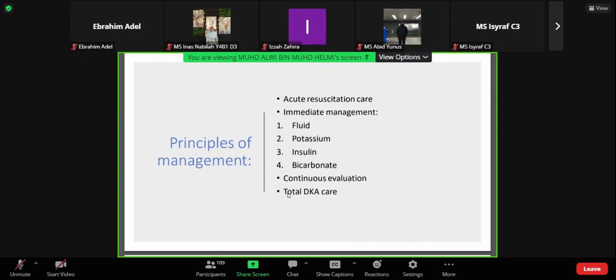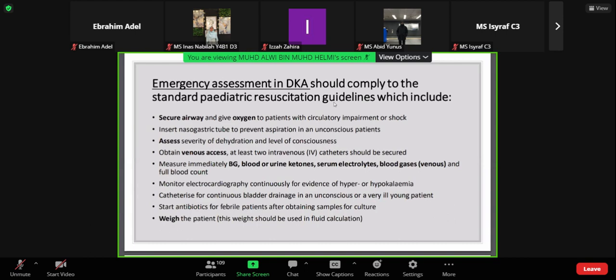Okay, so as usual, you have to assess the ABCD: airway, breathing, circulation, and also disability. Make sure you've got good venous access. Measure the blood glucose, especially blood ketones, electrolytes, blood gases, and full blood count on arrival.